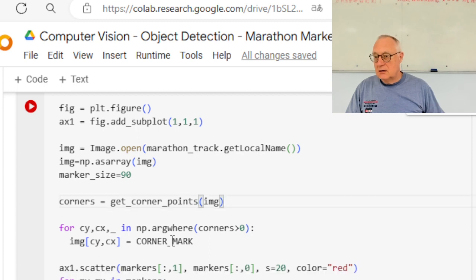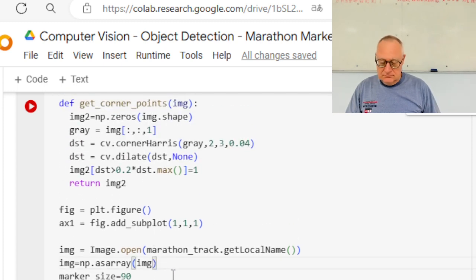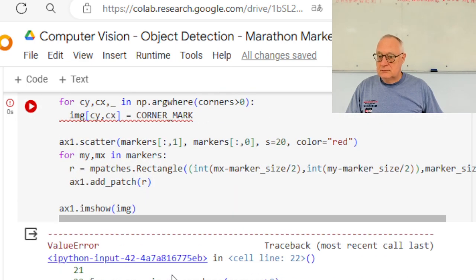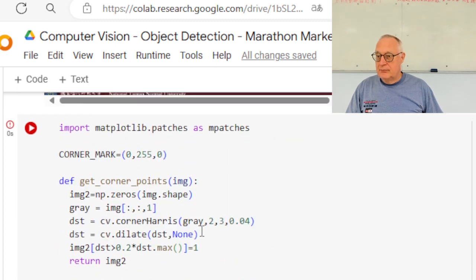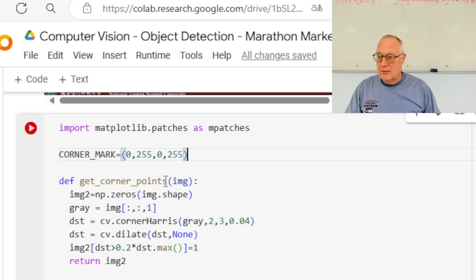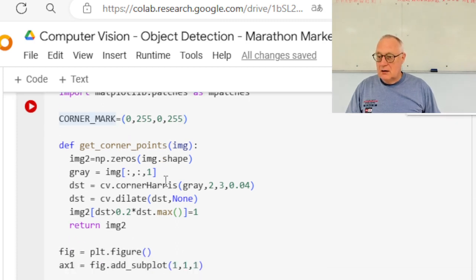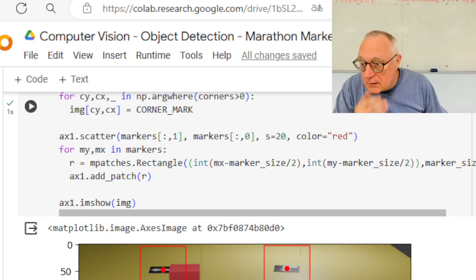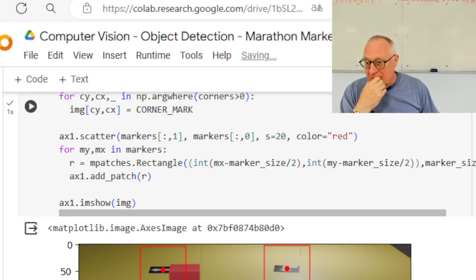So do I need a, okay. And then I think, okay, I found some corners there, but not on our markers.